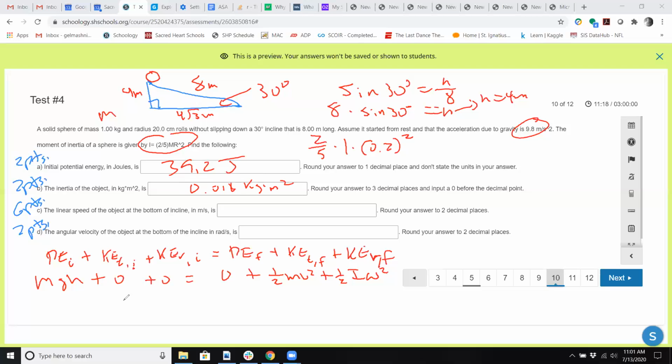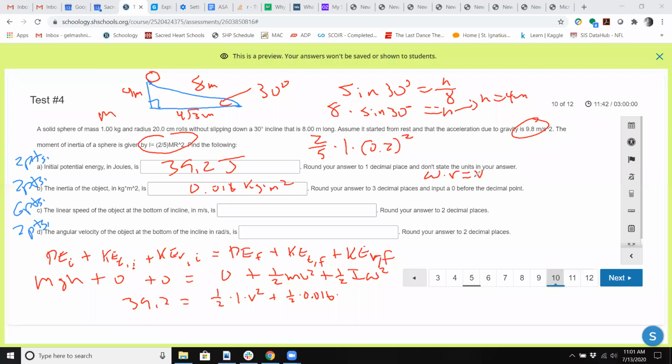So we go back to the conservation equation below. 39.2 equals 1/2 times 1 times v squared plus 1/2 times your I, which is 0.016, and omega squared. Now remember, omega times r equals v. So remember, that's one of our formulas.